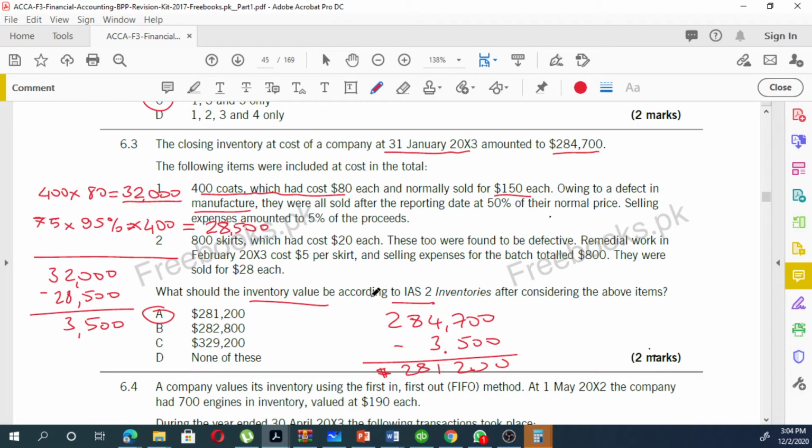Therefore, no adjustment is required. I mean, we don't need to do anything for this, because the net realizable value is $22 and the cost is $20. So we should not apply adjustment entries. So we have no changes here, it is 0. That's why the only change is $3,500, and our answer is A.